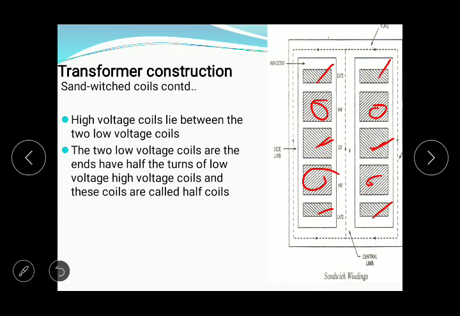The two low voltage coils at the ends have half of the turns of the low voltage winding. These coils are called half coils.